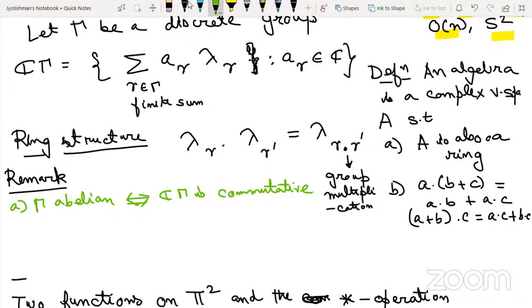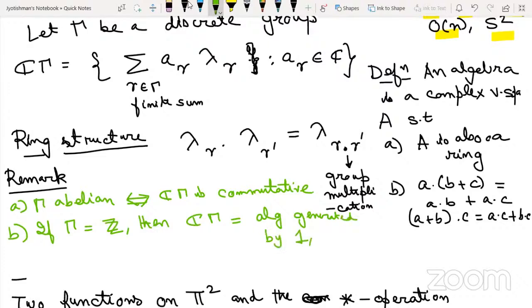So as soon as Gamma becomes non-abelian, I have an example of a non-commutative ring. The second thing is that if Gamma is equal to Z, then C[Gamma] is equal to the algebra generated by 1, z, z star.